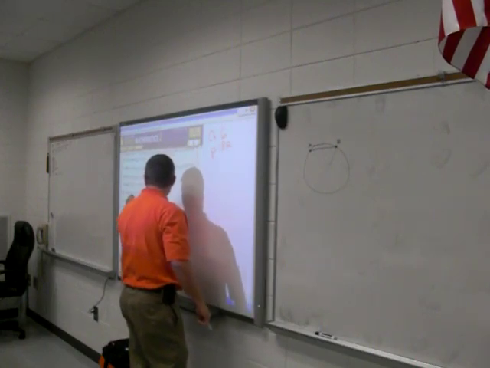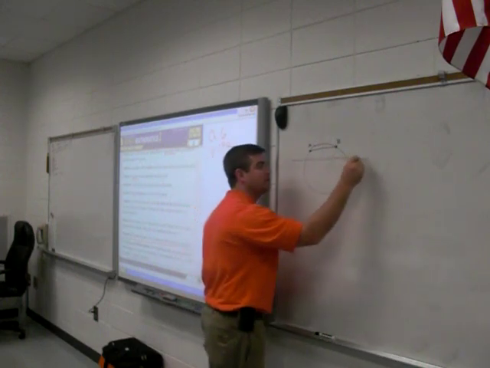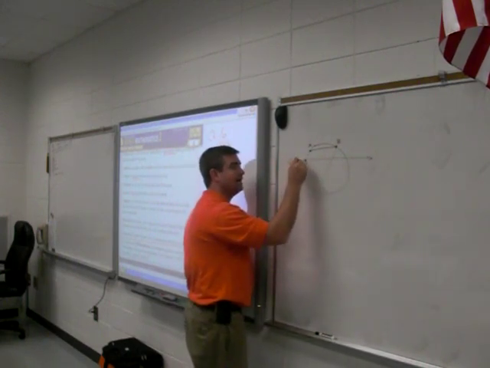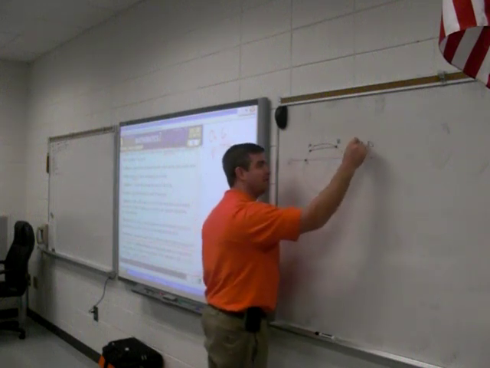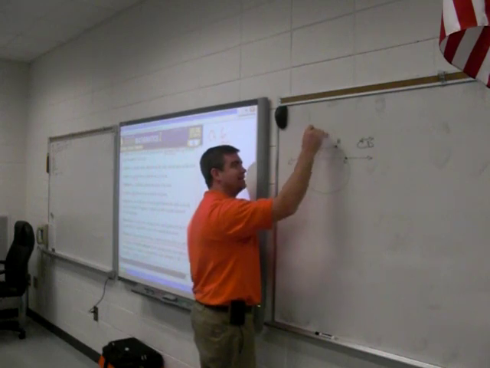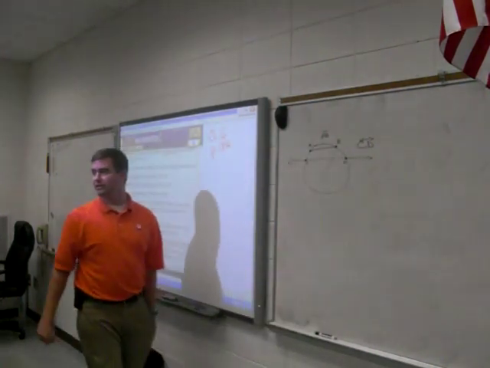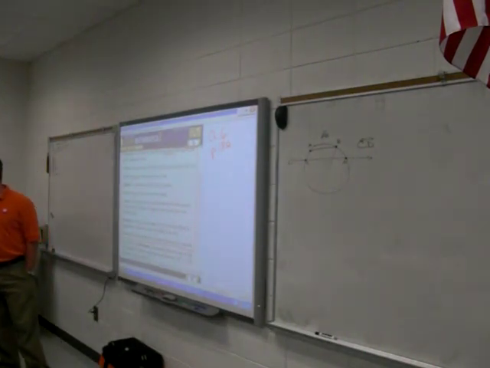A secant, however, is a line. This is a secant. It goes through the circle and it cuts. CD is a line. Line, remember our notation, that's line CD. This is segment AB with no arrows on it. That means segment AB, and that means line CD.